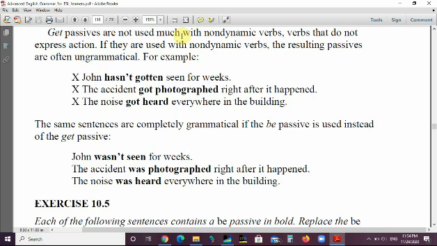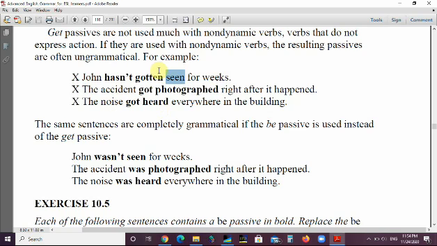Get passives are not used much with non-dynamic verbs. Look at these examples. John hasn't gotten seen. As you can see, verb see is not a dynamic verb. There is no action. The accident got photographed right after it happened. The noise got heard.